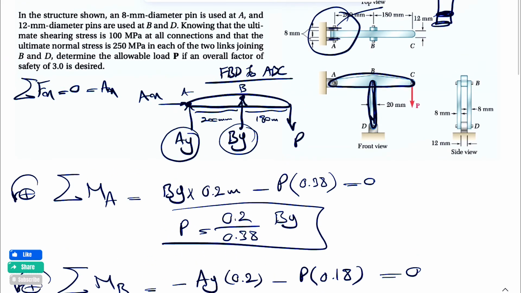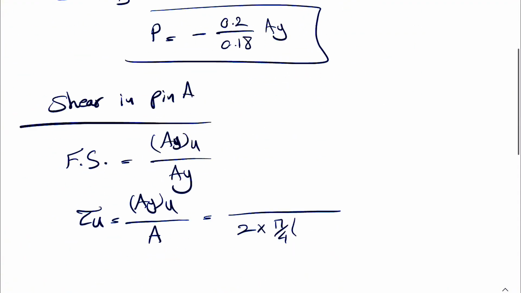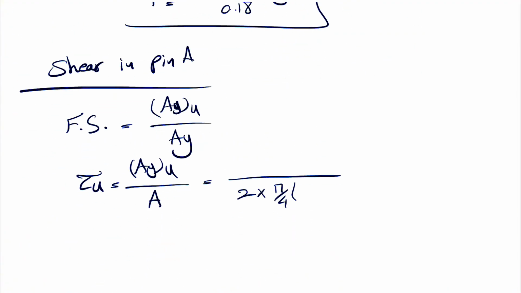If we get back to the question, we have the diameter of A as 8 millimeters. So we're going to divide it by 1,000 in order to get it in meters, squared. So that's going to give us meters squared. So the ultimate force at A, that's what we're looking for.